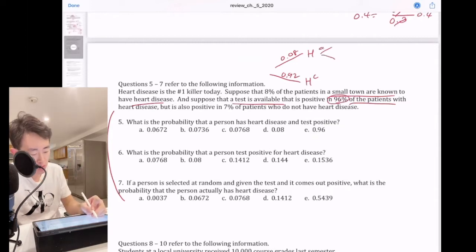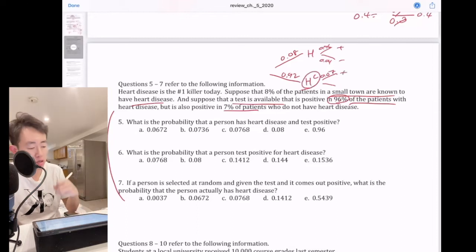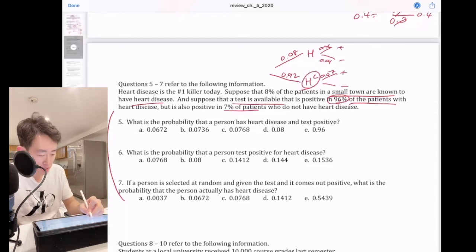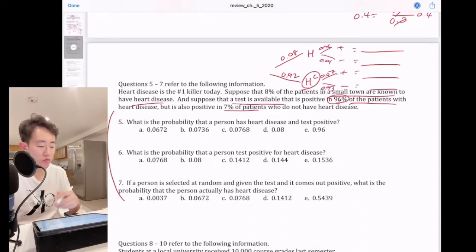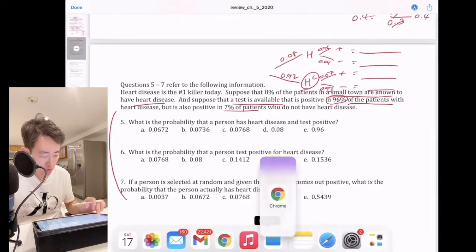So it's 0.96 positive, 0.04 negative, and then it's going to have 7% of the patients who do not have heart disease, but they're going to show a false positive, minus, and then 0.93. And remember what I told you, that it's very ideal for us to have those four numbers right away.